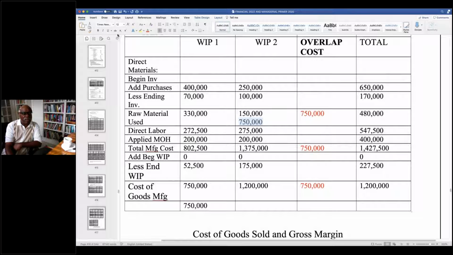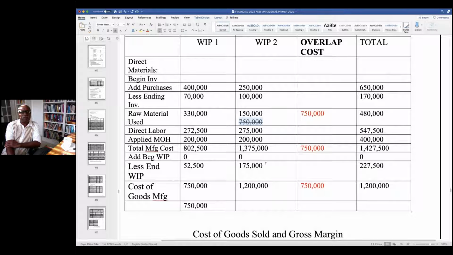So I'm just going to put a little strike on it for now. So what were the costs in work in process 2? 150 plus 275 plus 200 minus 175.